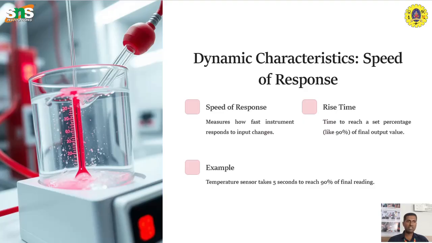One takes 5 seconds to reach 90% of the reading, whereas the other takes only 1 second to reach the 90% value. Which one are you going to choose? Obviously, the one with the lesser time, right? You are going to choose the temperature sensor which takes just 1 second to reach 90% of the value. So this is a dynamic characteristic of a measuring instrument.